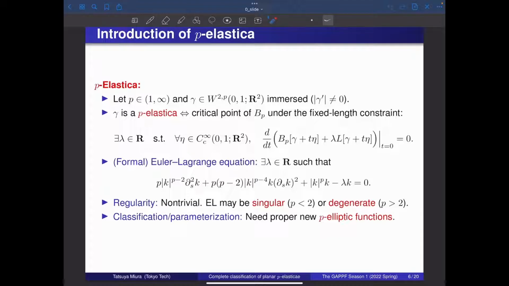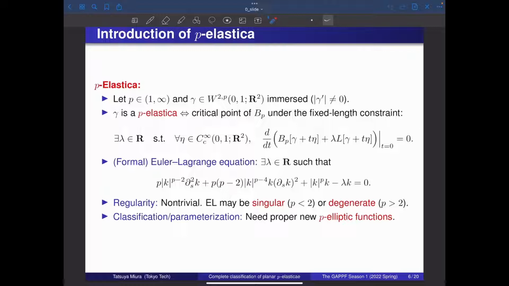And actually we will see that the regularity of the p-elastica highly depends on the exponent p. Also, the classification of the solution to this ODE, or the explicit parameterization of the original curve gamma, is quite different from the previous case.